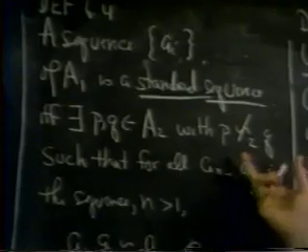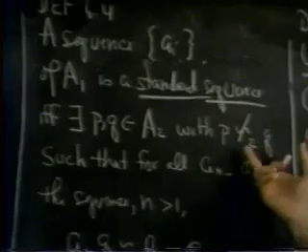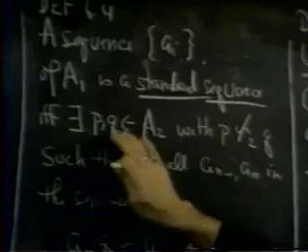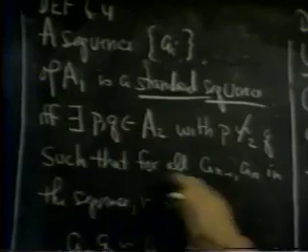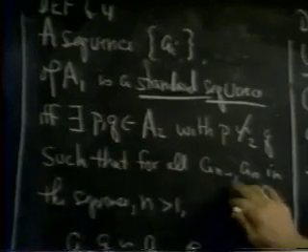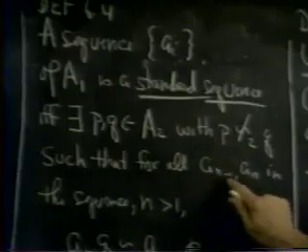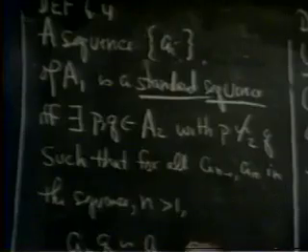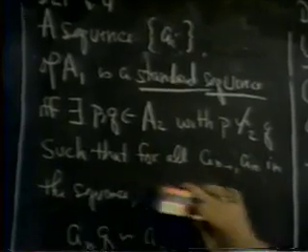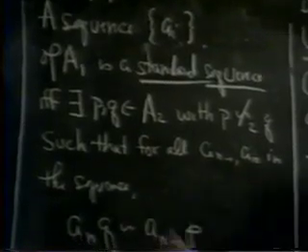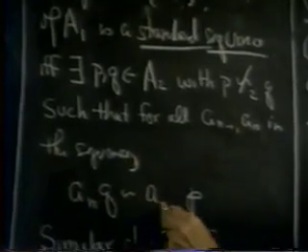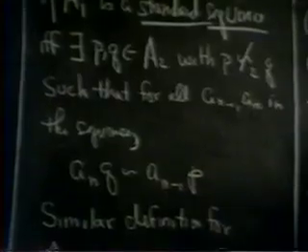I want them to be distinct, one larger than the other. And it turns out, if I can find P and Q such that for all pairs of successive elements in the sequence, A(n-1) and A(n), the indifference A(n)Q indifferent to A(n-1)P obtains.